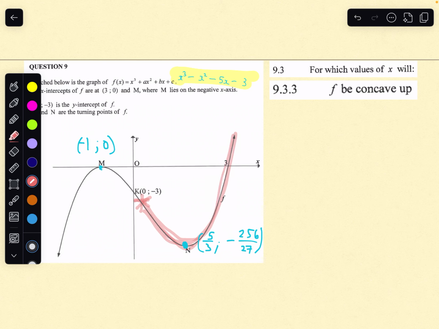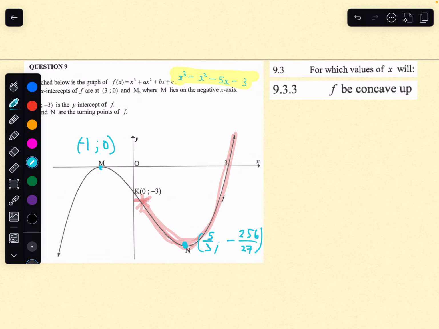Okay, and point of inflection you can find in one of two ways. You can either use the second derivative, or you can use the fact that the x value will be halfway between this and this. So you can just find the average of these two numbers, and that will give you the x coordinate of the point of inflection. But here, for the sake of calculus, let us use the second derivative to find the point of inflection.